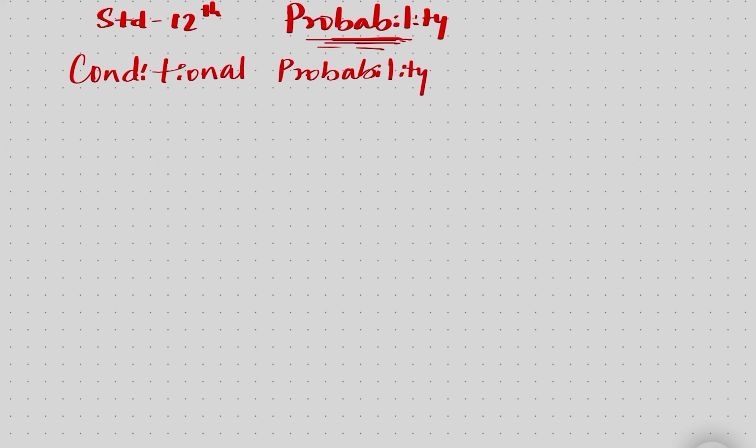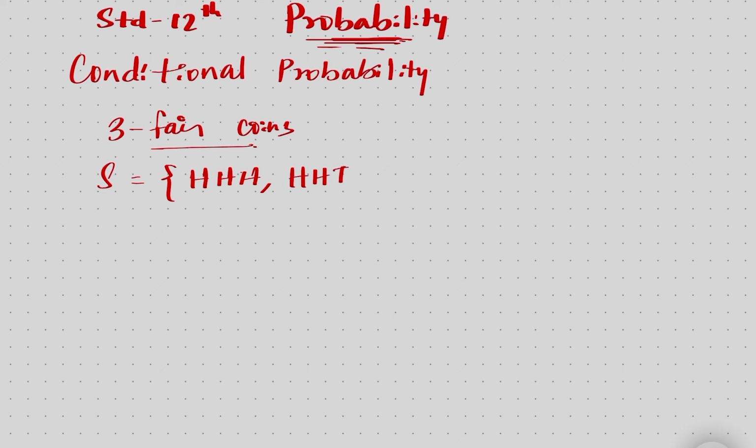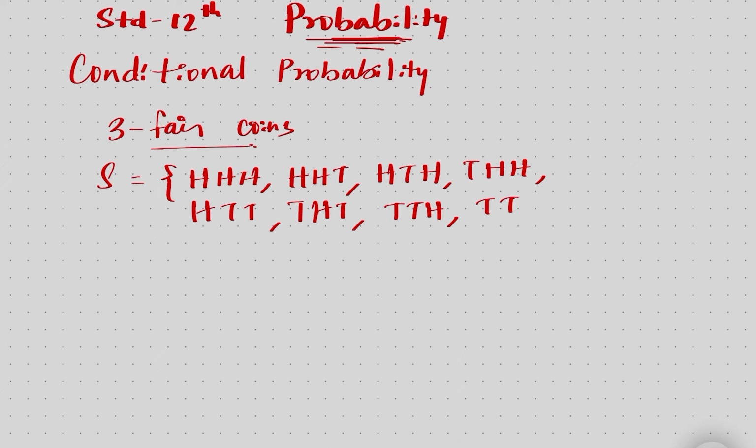If we toss three fair coins, then what could be the sample space? The sample space is HHH, HHT, HTH, THH, HTT, THT, TTH and TTT.